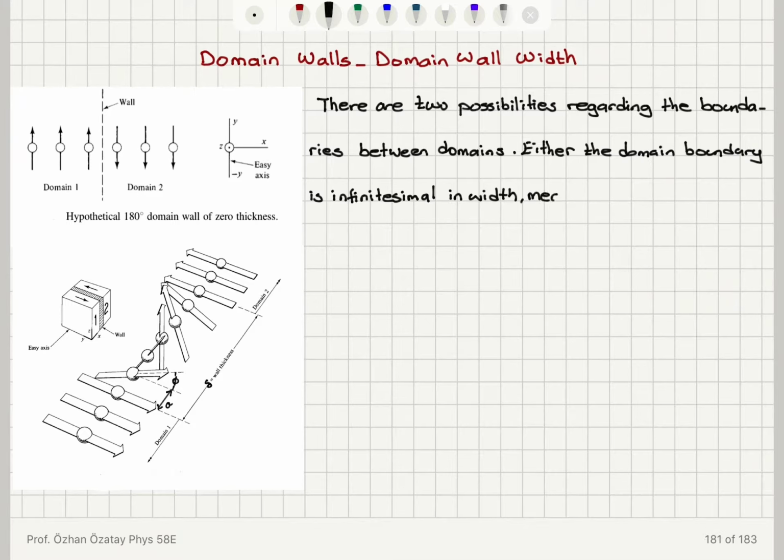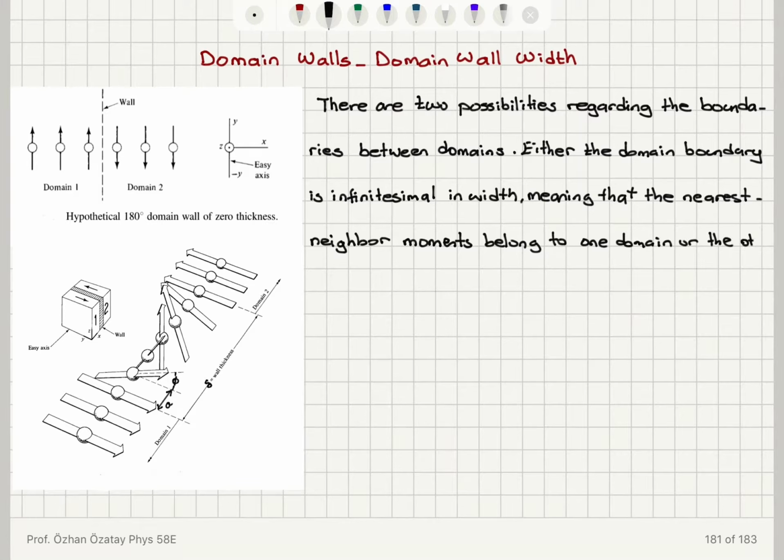Meaning that the nearest neighbor moments belong to one domain or the other.